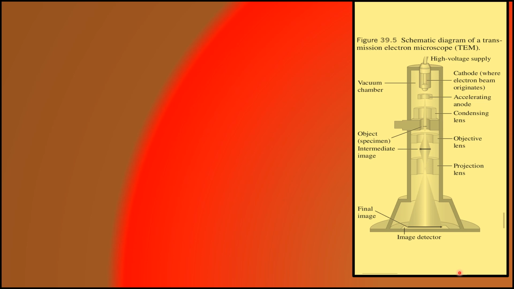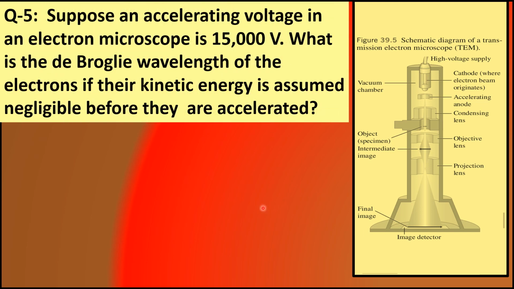So, our last question: supposing an accelerating voltage in an electron microscope is given as 15,000 volts, what is the de Broglie wavelength of the electrons if their kinetic energy is assumed negligible before they are accelerated?